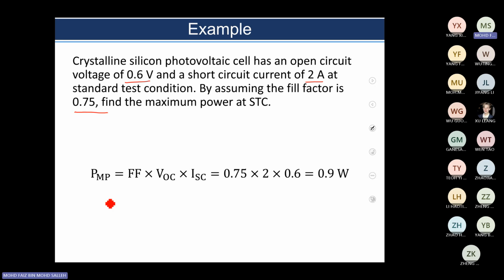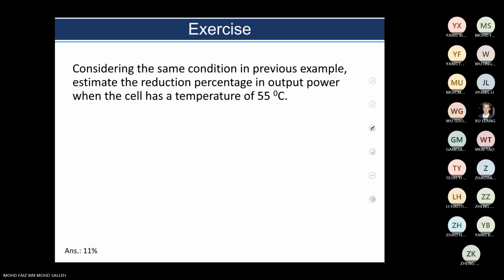Again, the FF is the ratio between the maximum power divided by the VOC and ISC. So roughly from this equation, you already know the FF value, the short circuit current and open circuit voltage. You can calculate the maximum power that you can obtain from this kind of solar cell.